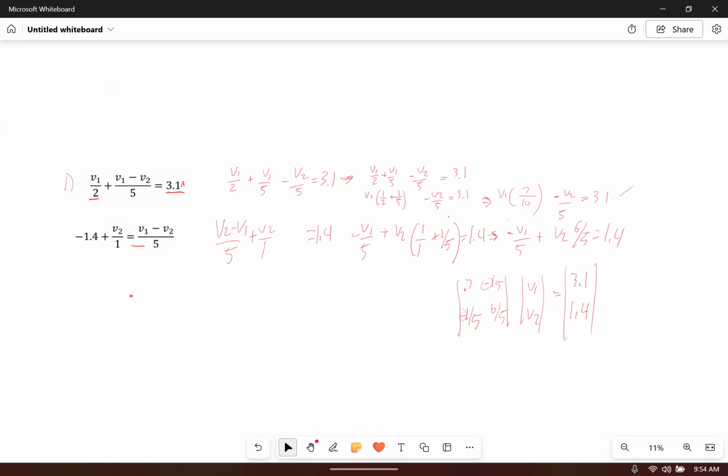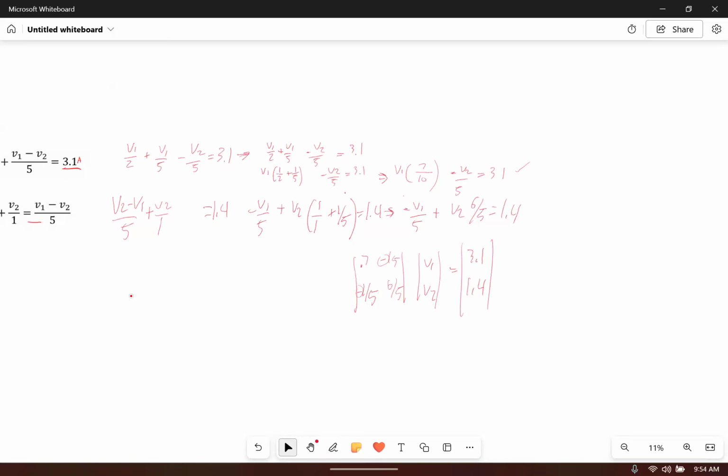All right, so now all I need to do to solve for V1 and V2 is get rid of this term over here. We'll call that our R matrix, our V matrix, and our I matrix. So how do you get rid of R when you're just doing standard Ohm's law?